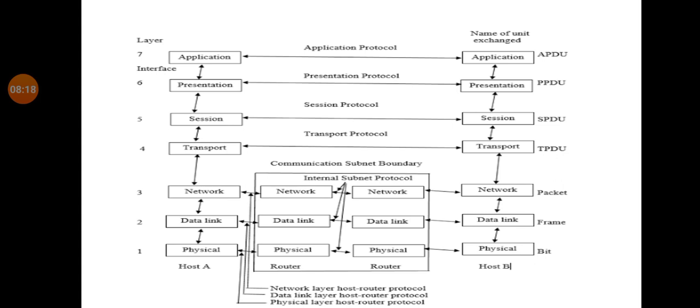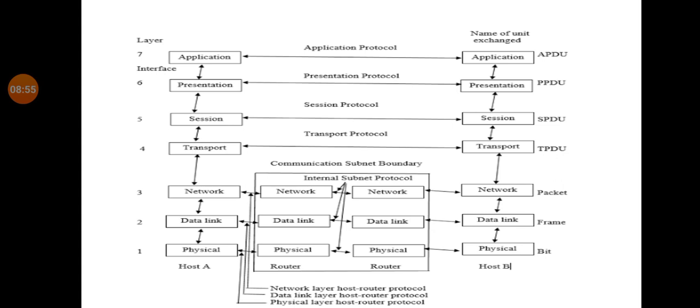Then the second function is that it selects the best route among all available routes to transmit the data. From all the available routes, it will perform the routing and select the best route for transmission. Then the third point is data to be exchanged. The physical layer exchanges data as bits, the data link layer exchanges data as frames, and the network layer exchanges data as packets.